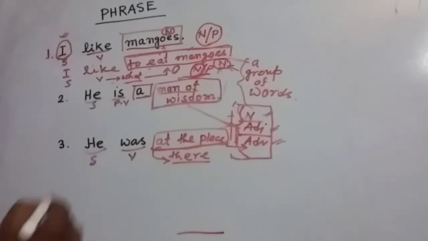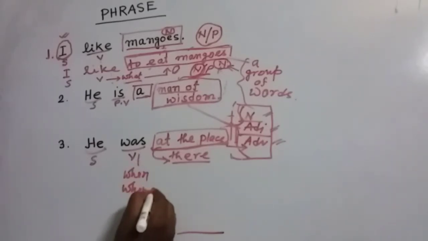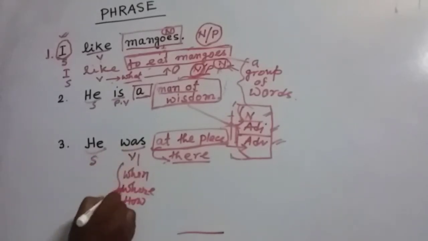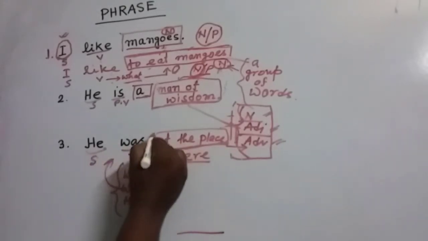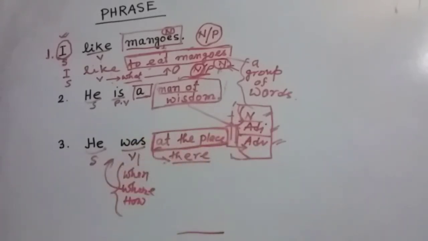If we ask the verb by when, where, how, the answer will be the adverb of the sentence. We all know it. So here if we ask where was he, the answer will be at the place. So this group of words is acting like an adverb in this sentence.